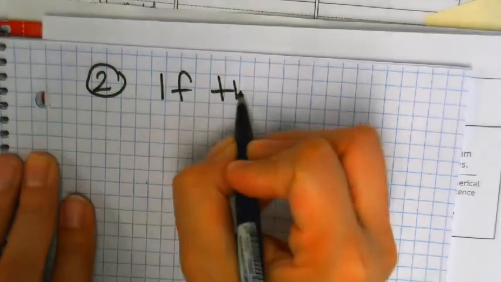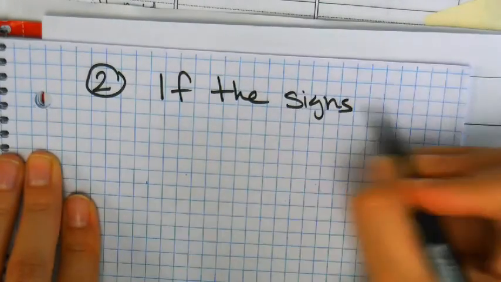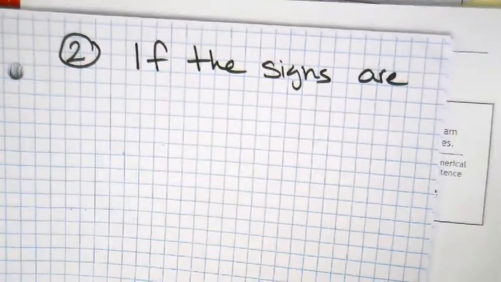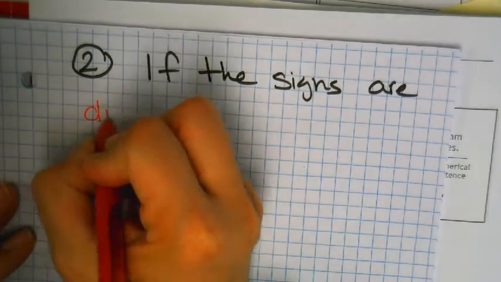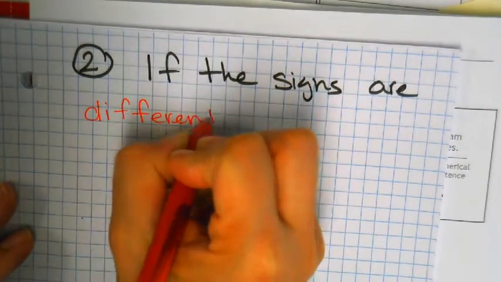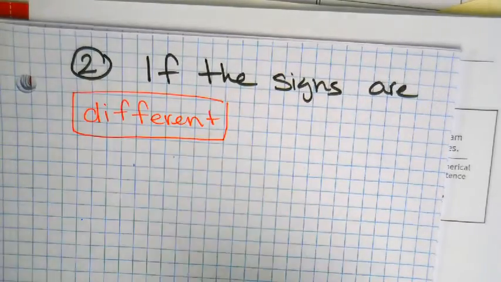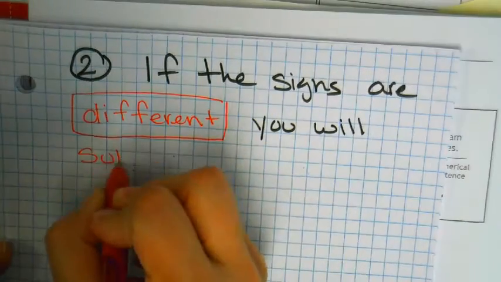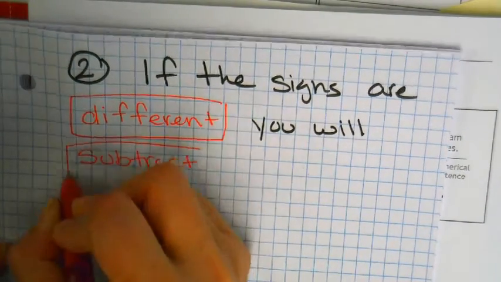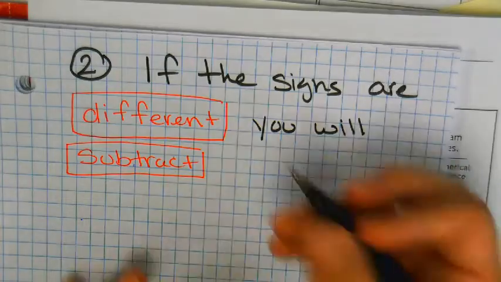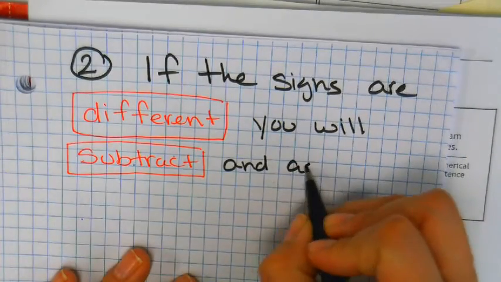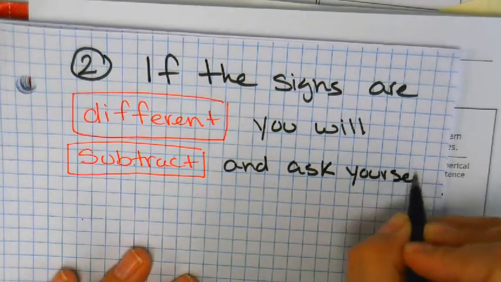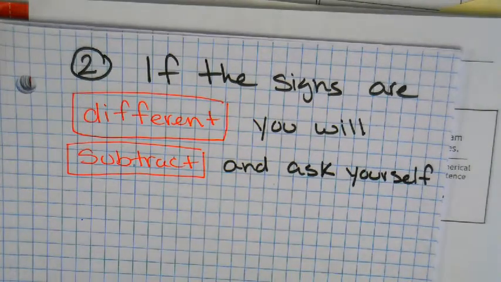If the signs are different, you will subtract and ask yourself. Okay, if the signs are different, you will subtract. So if you have different signs, you're going to subtract.